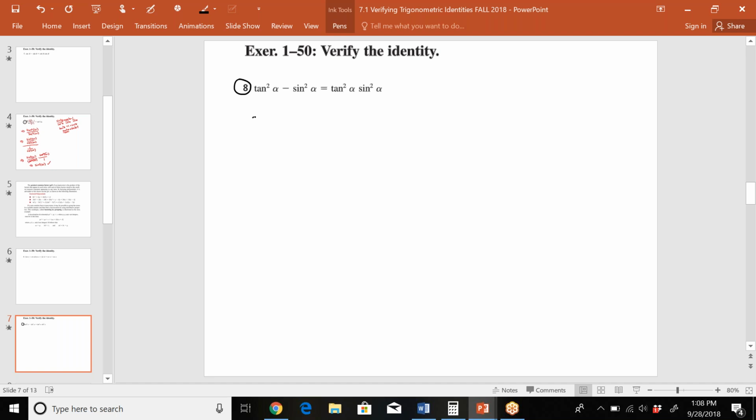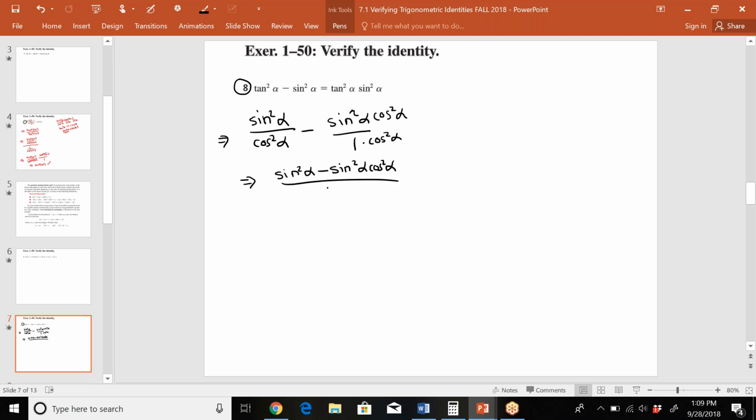So if we make tan squared into sines over cosines, both of them squared, then we have sine squared alpha over 1. That's one way we could start. We could get a common denominator by multiplying this by cosine squared alpha over cosine squared alpha. So that would be sine squared alpha minus sine squared alpha cosine squared alpha, all over cosine squared alpha.